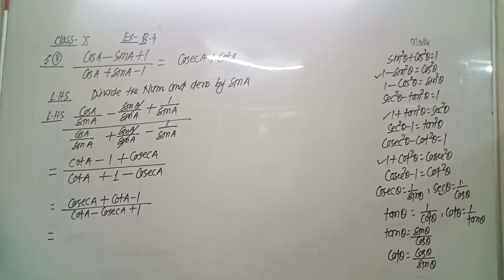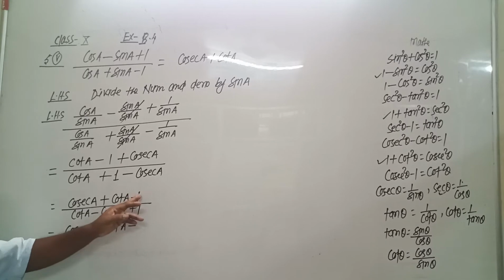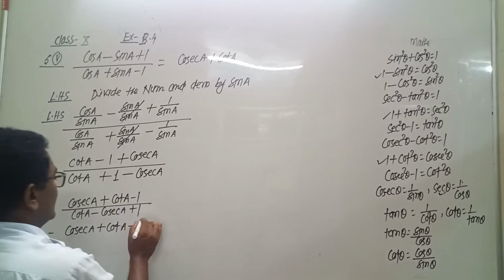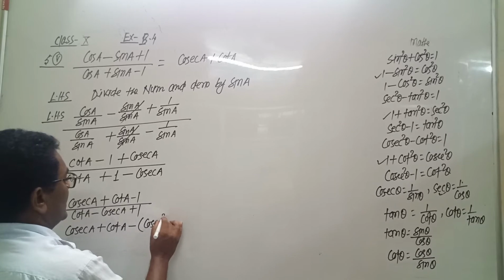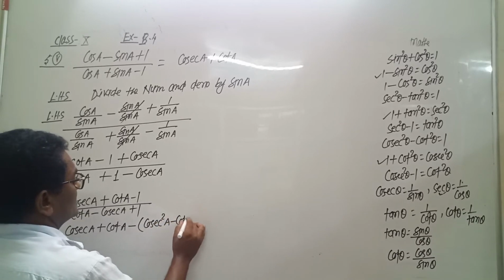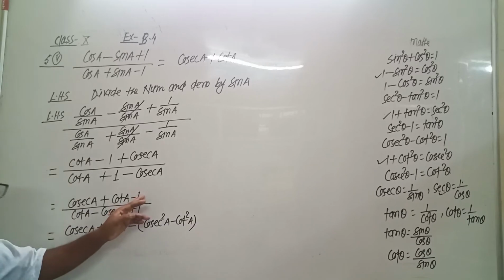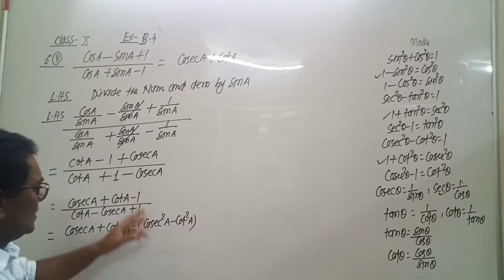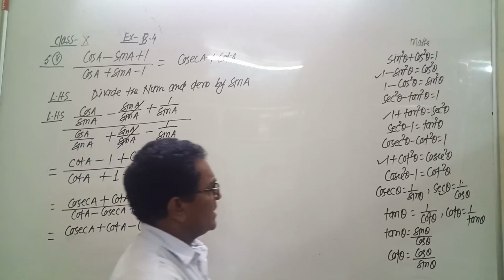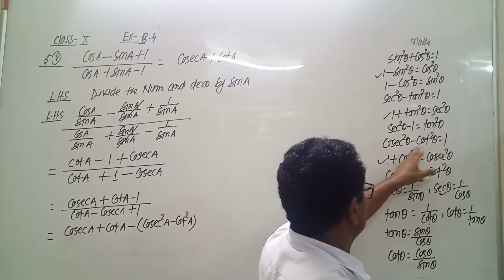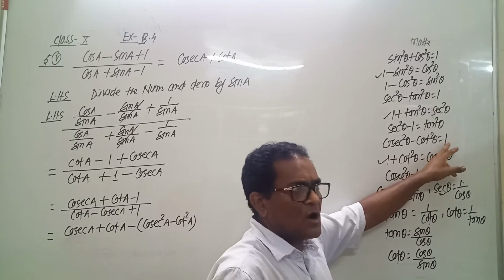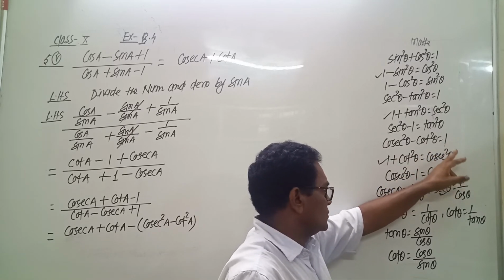Now for the numerator, cosec A plus cot A as it is, and for the 1 situated at the numerator, we will write cosec square A minus cot square A, because cosec square theta minus cot square theta is equal to 1.